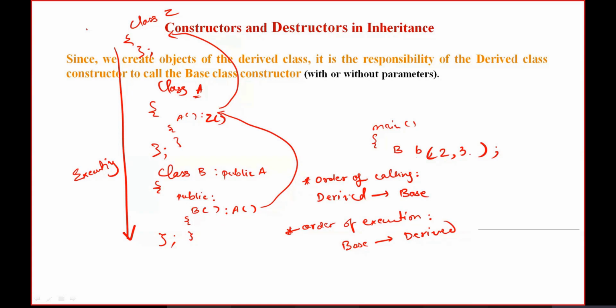For example, I am passing 3 values: 2, 3, and 4. Class B has a data member, let us call it small b. Class A has a private data member small a, and maybe class Z has a private data member small z. Fine. Now, since 3 values are being passed, we need to have a constructor of class B which will accept those 3 values.